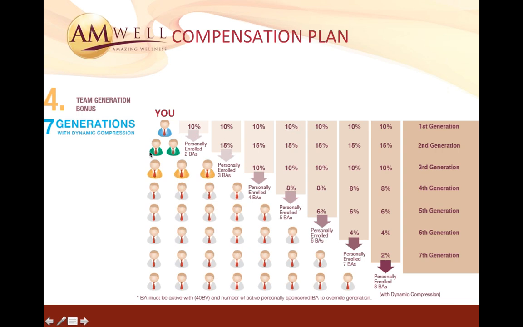Level 2 is 3 BAs personally sponsored who are active, and it goes on down the line. The next one is 4 BAs for third generation, 5 BAs for fourth generation, 6 BAs for fifth generation, 7 personally sponsored BAs who are active for sixth generation, and 8 personally sponsored BAs for 7 generations. I want to explain this a little bit more on the next slide.